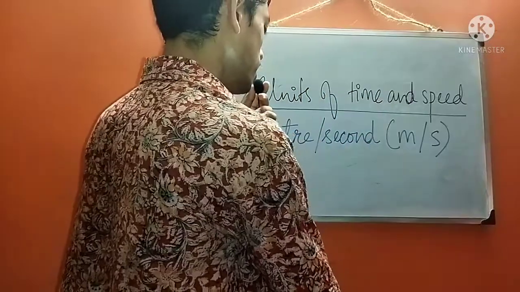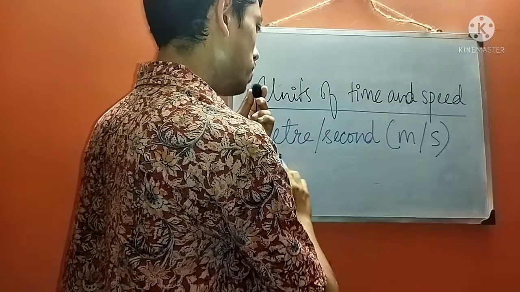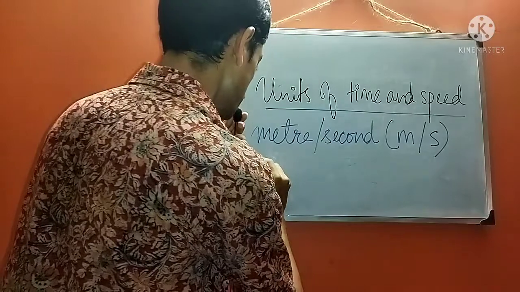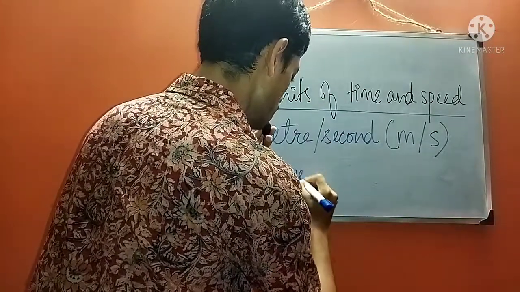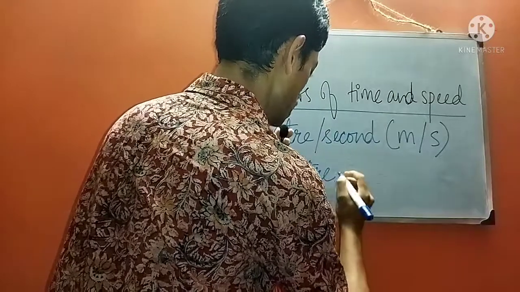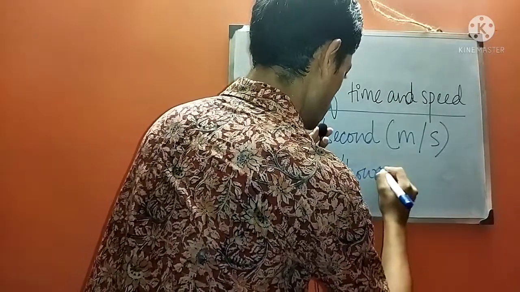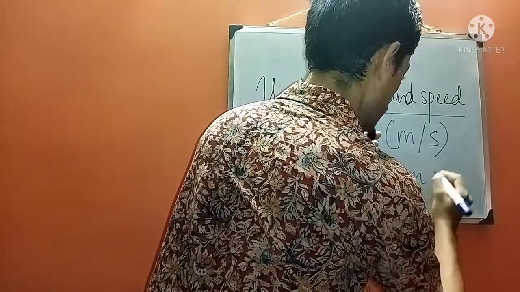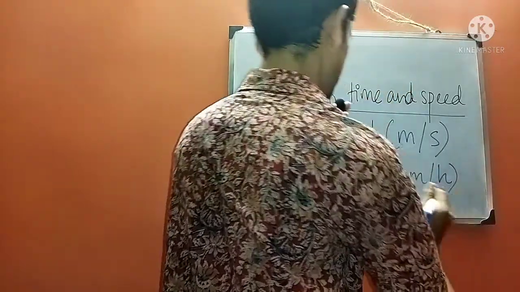So the basic or the standard unit of speed is meter per second. The other units are kilometer per hour or km/h.